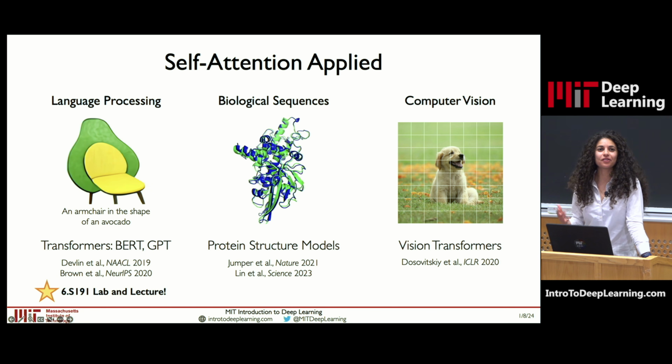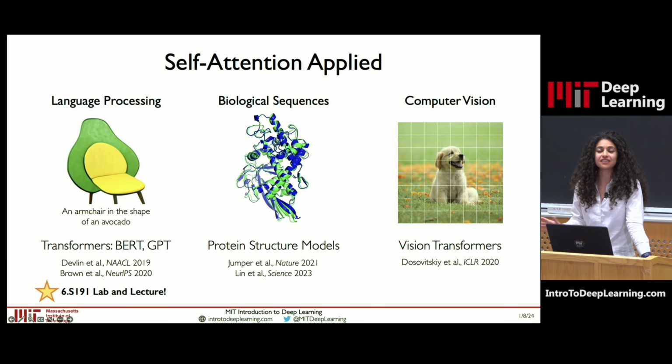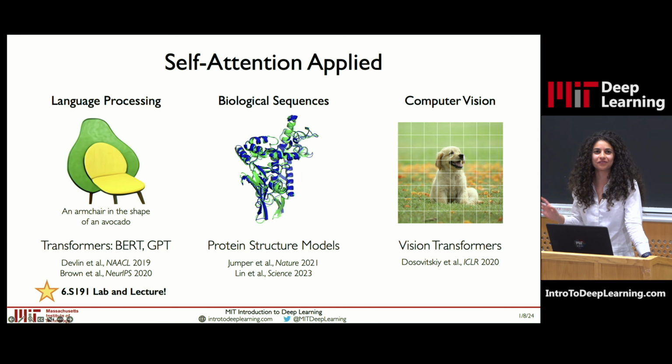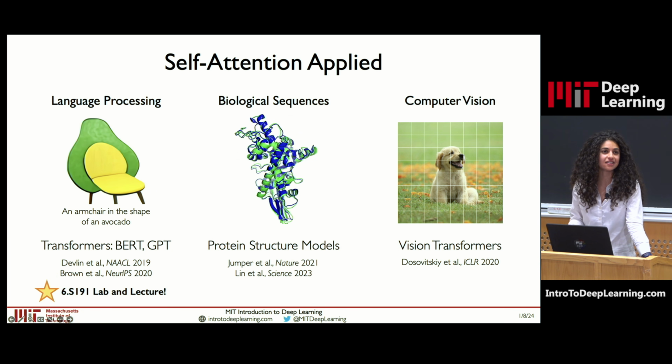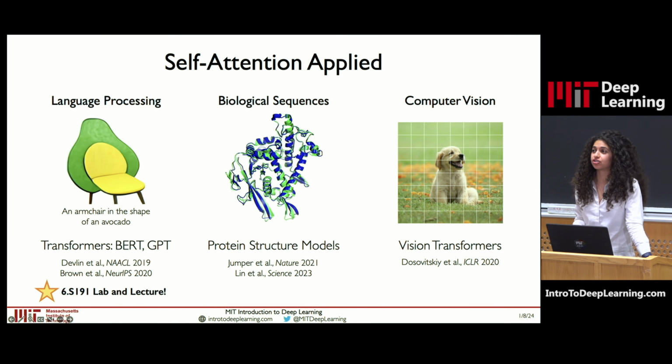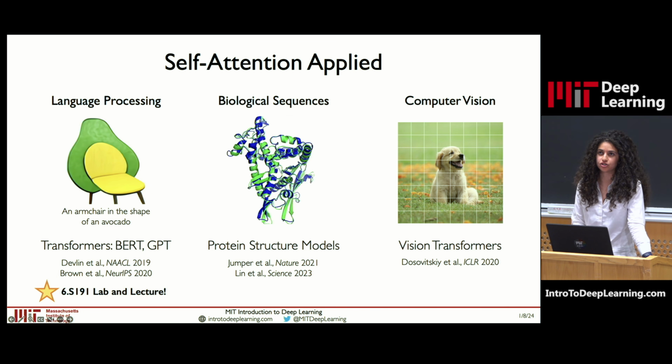Finally, transformers and the notion of attention have been applied to things that are not intuitively sequence data or language at all, even in tasks like computer vision, with architectures known as vision transformers that are, again, employing this same notion of self-attention.